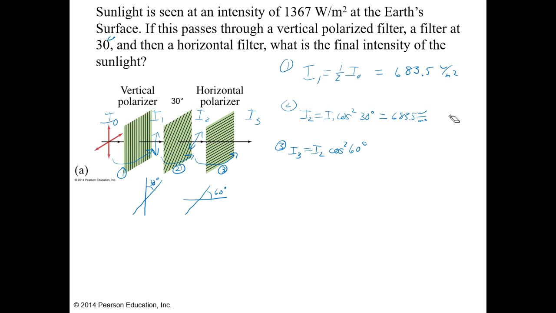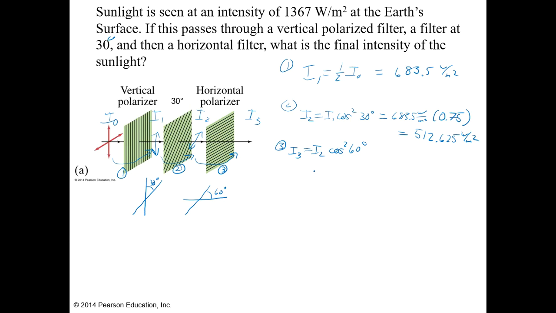Cosine of 30 is 0.866. Square that, you get 0.75. So 683.5 times 0.75 is going to give us 512.625 watts per square meter, rounded at the end.